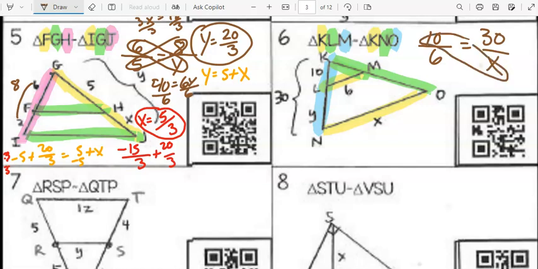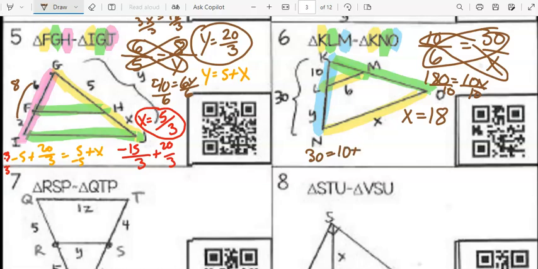Cross multiply. 180 equals 10x. Divide by 10. x equals 18. And then to get y, you just have 30 equals 10 plus something. That something is 20.